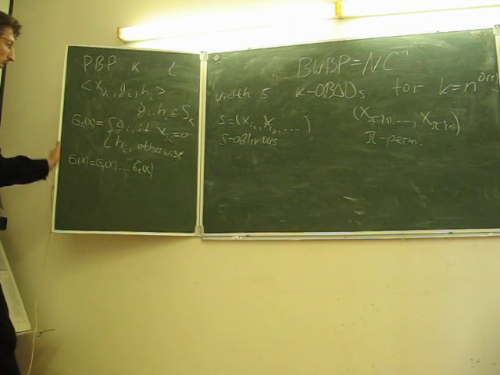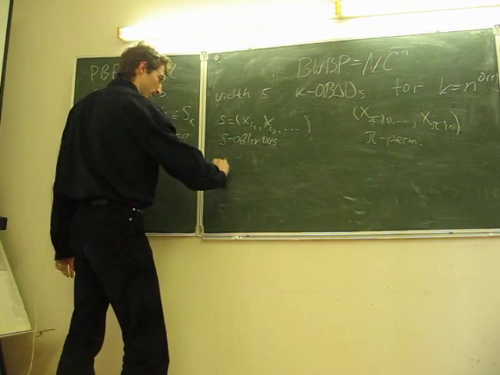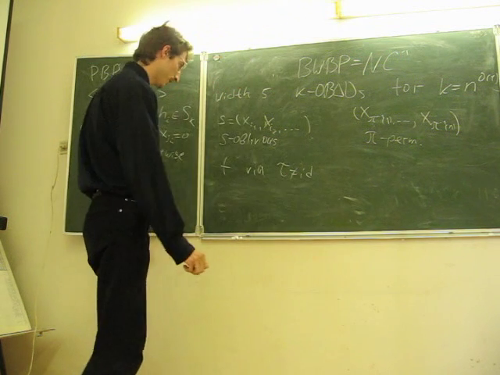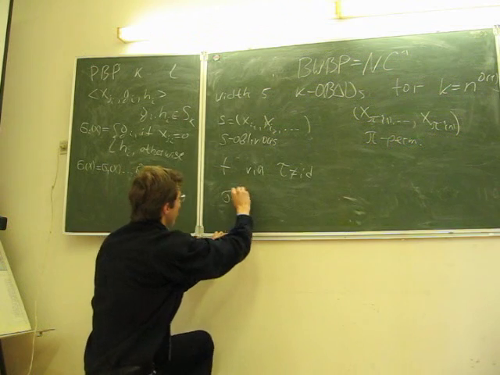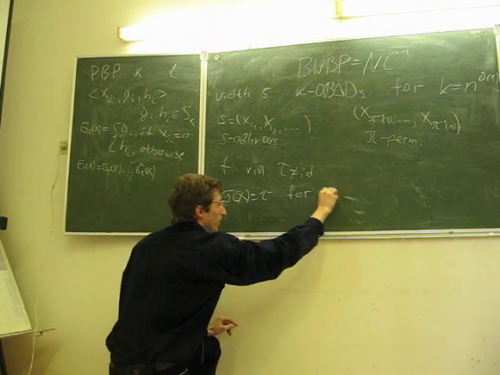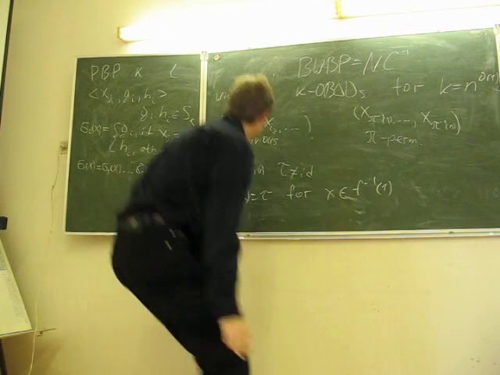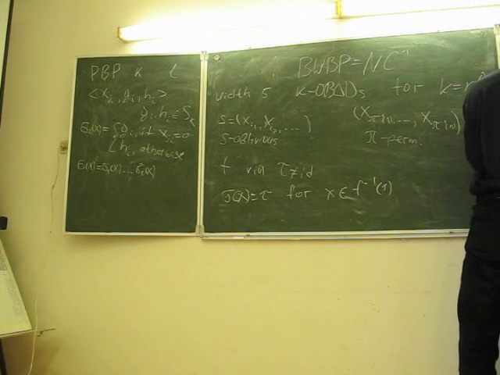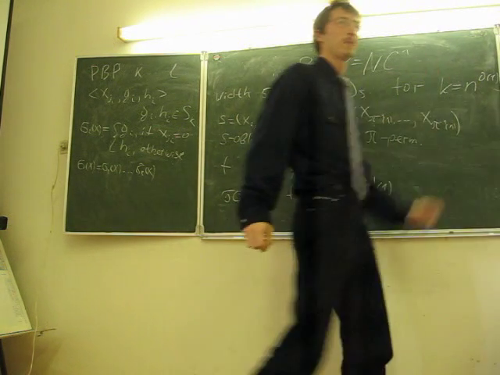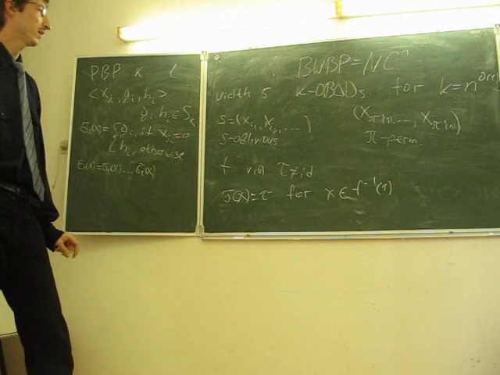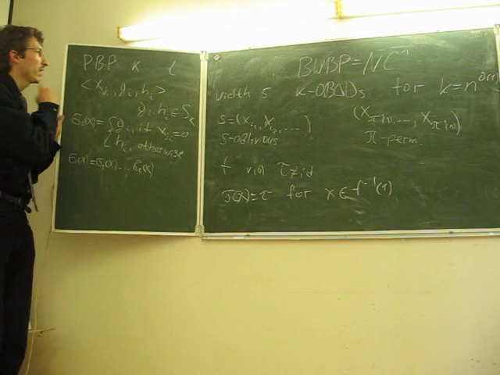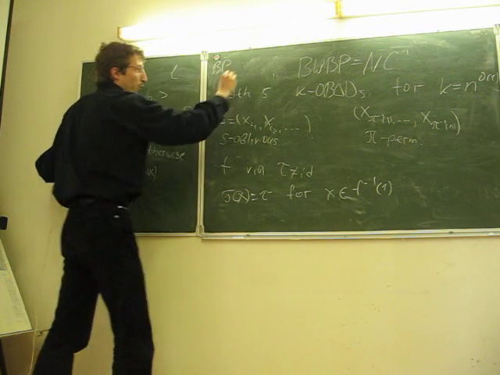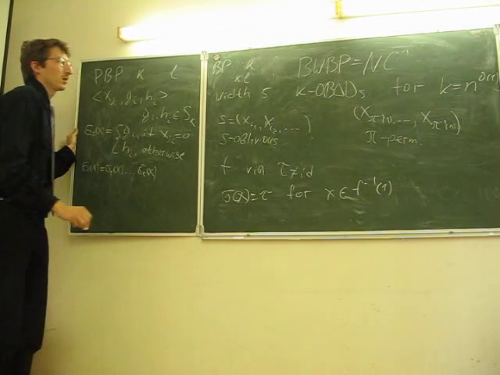Now, we say that a PBP computes some Boolean function f via some permutation tau, which is not the identity permutation, if... It can be shown that for an arbitrary PBP of width k and length L, we can construct a usual branching program of width k and length k times L, computing the same function.